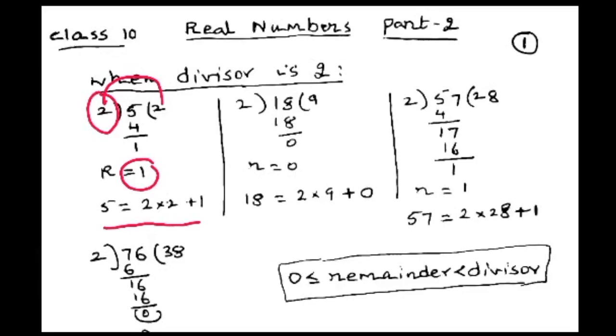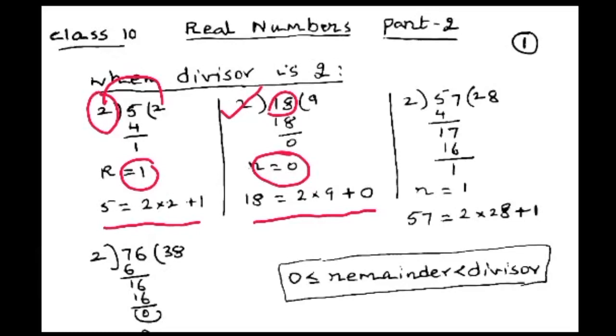Similarly, we consider 18 divided by 2. We got remainder 0. So 18 can be written as 2 multiplied by 9 plus remainder 0.